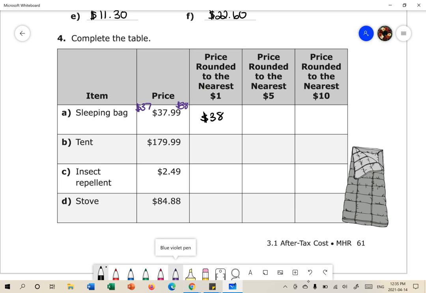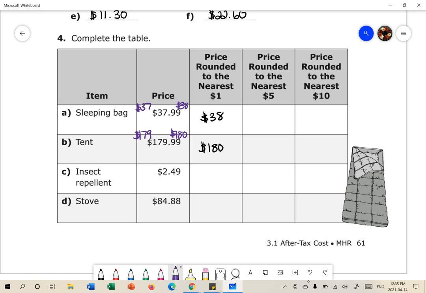Okay, next is a tent for $179.99. Rounding it to the nearest $1. It's closer to $180 than it is to $179. So I'm going to round it to $180. Next, insect repellent for $2.49.